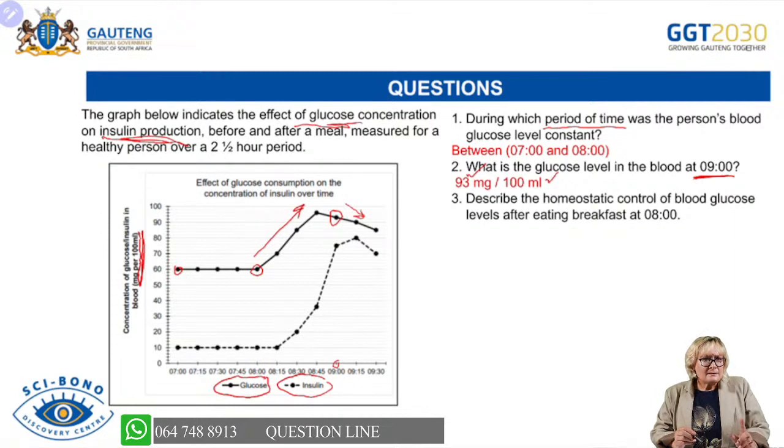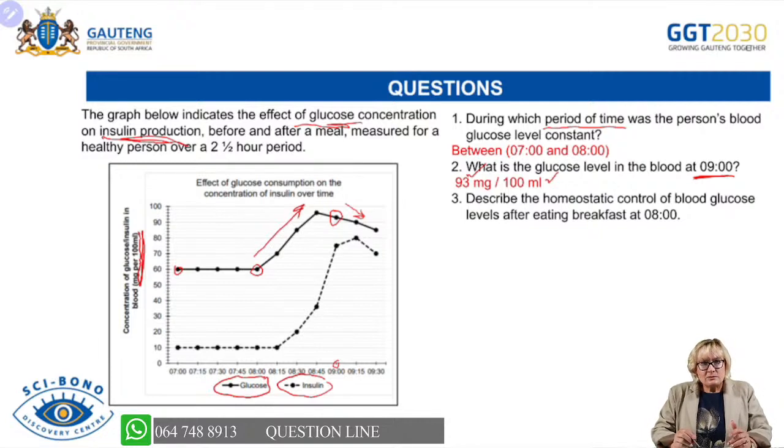Do I hear that? Yes, the pancreas. So the pancreas is picking up that the blood sugar level is increasing. What is the pancreas going to do? It's going to secrete which hormone? You know there's two. It's either insulin or it's glucagon. So which one is now involved here? It is definitely which one? Insulin.